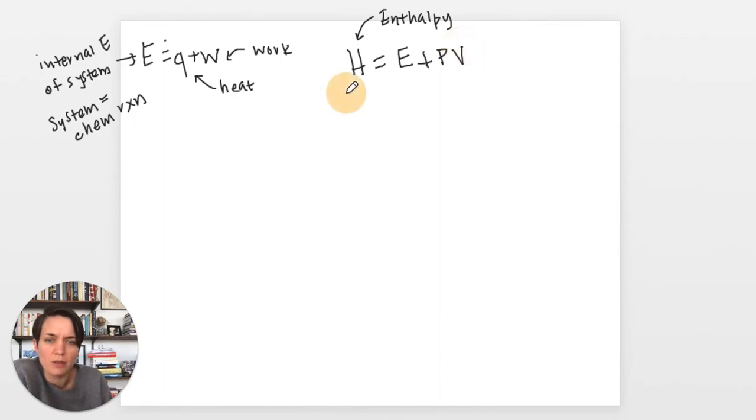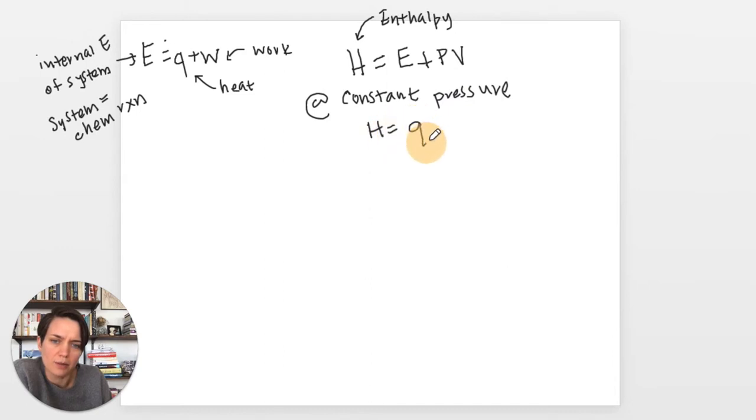And we have this really important consideration that we're going to be applying for all enthalpy problems in this chapter, which is that at a constant pressure, enthalpy is going to be equal to Q.